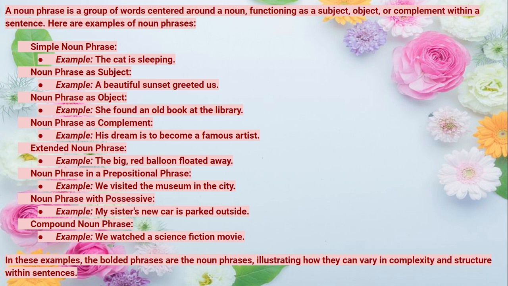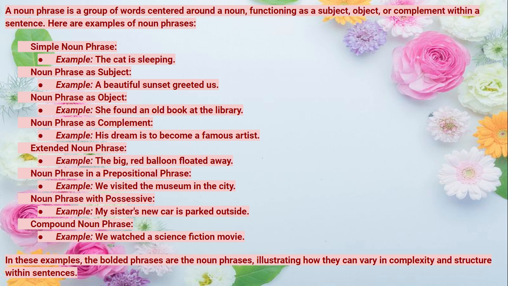Simple noun phrase, example: the cat is sleeping. Noun phrase as subject, example: a beautiful sunset greeted us. Noun phrase as object, example: she found an old book at the library. Noun phrase as complement, example: his dream is to become a famous artist. Extended noun phrase, example: the big red balloon floated away.